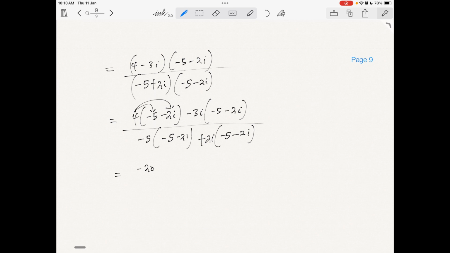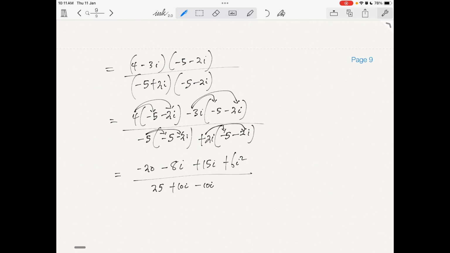And multiply this, we have minus 8i. And when we multiply this, we have plus 15i. And when we multiply this, we have plus 6i squared, divided by, multiply this, we have 25. This multiplies by this, we have 10i. This multiplied by this, we have minus 10i.